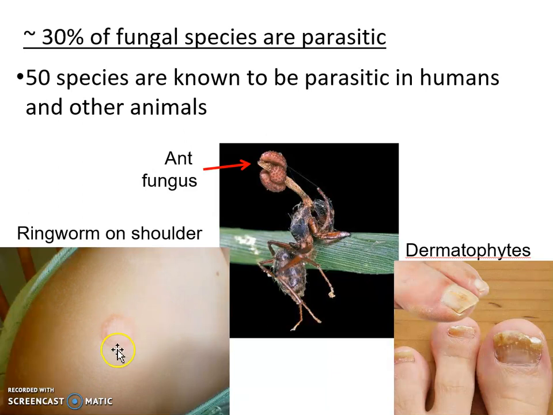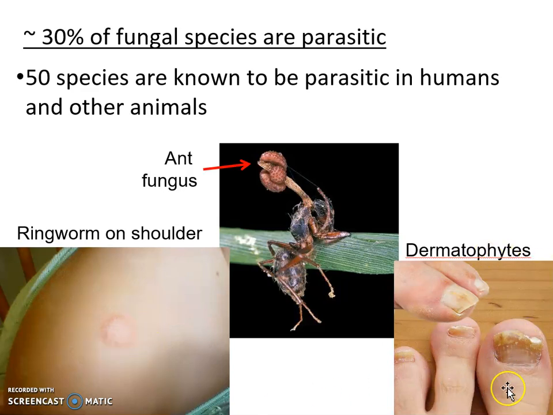This is ringworm on somebody's shoulder, and unlike the name, the worm is a misnomer. People thought it was worms growing under your skin. This is a fungal infection. You start out with the initial infection in the center, and then the hyphae grow outward, and that's why you get this ring. This is where your body is waging an inflammation or immune system response to the ends of the hyphae as they're growing out.